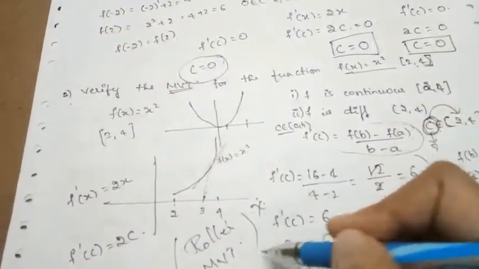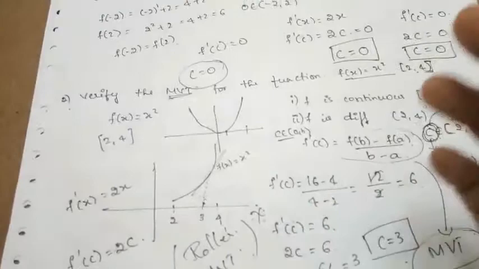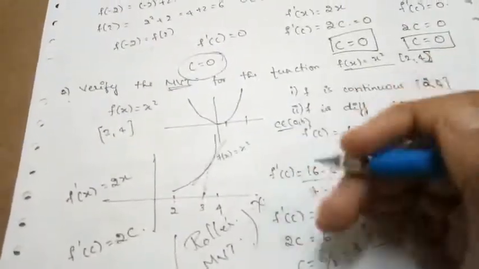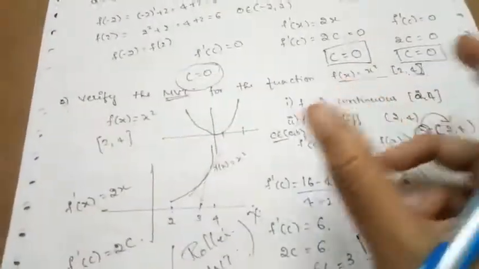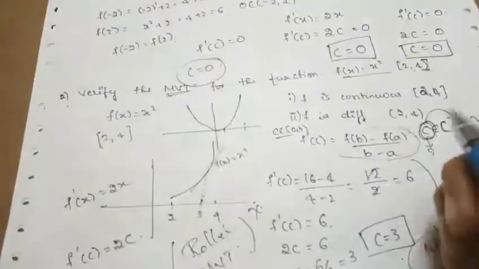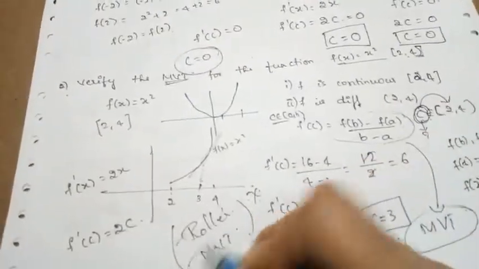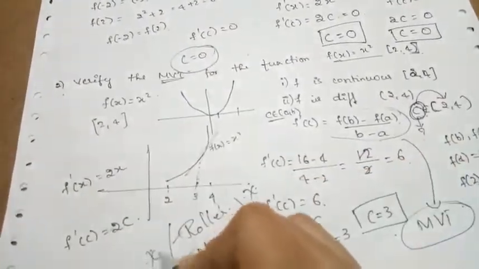If they ask you to state the mean value theorem or Rolle's theorem, you need to state those theorems as they have explained in your NCERT textbook. So the statements of Rolle's theorem and the mean value theorem are very important.